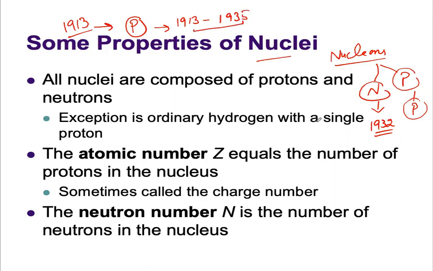I will not go into detail about all of that. Like the proton-electron hypothesis, some people were saying that electrons are part of the nucleus, present along with the neutrons and protons.